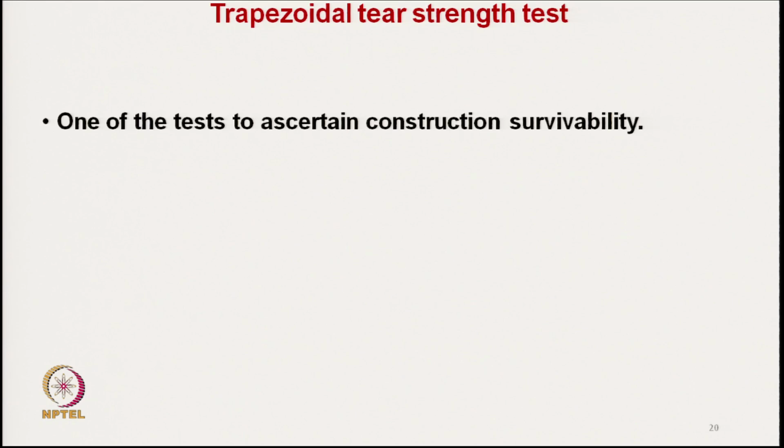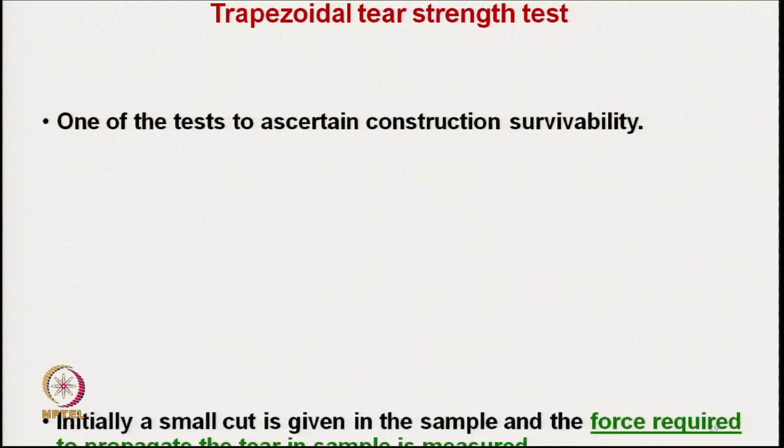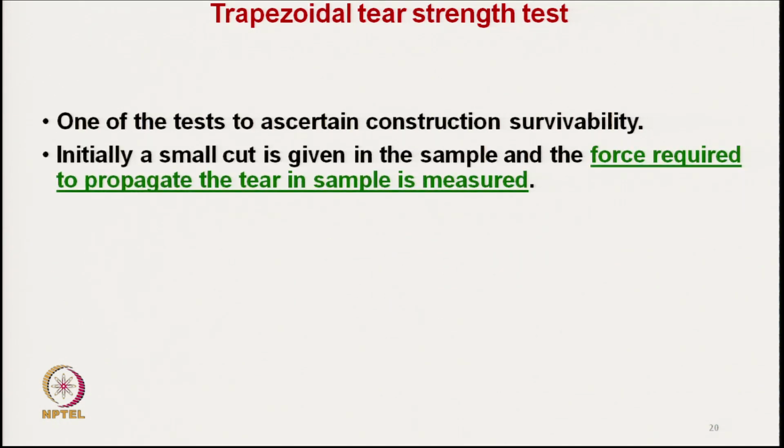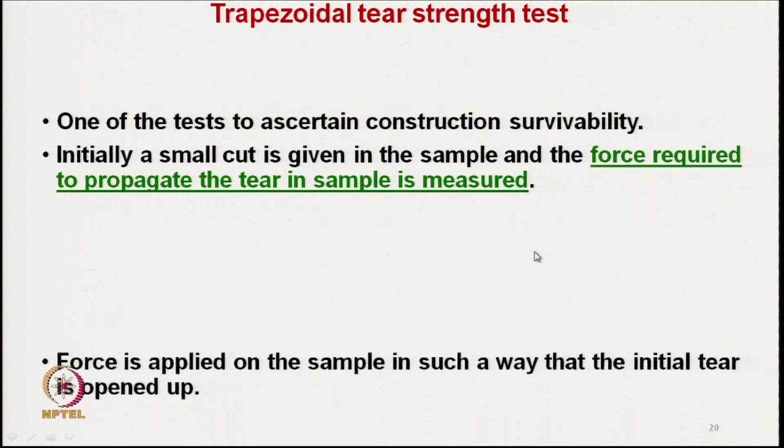Trapezoidal tear strength is tested to ascertain construction survivability. In case of any puncture, how quickly that puncture will propagate is tested. Initially a small cut is given in the sample, and the force required to propagate the tear is measured.